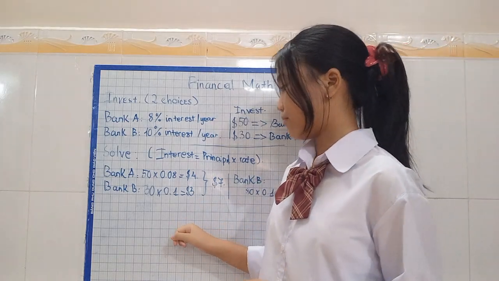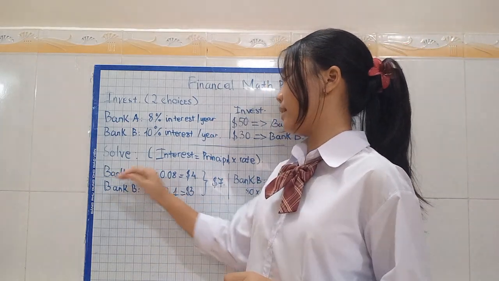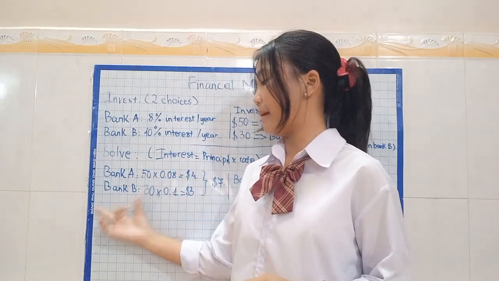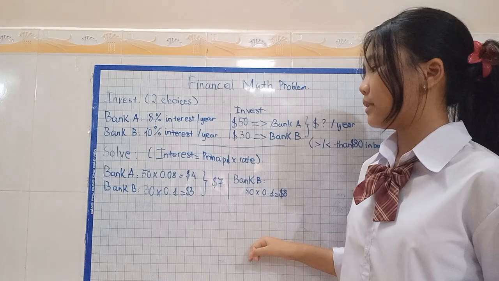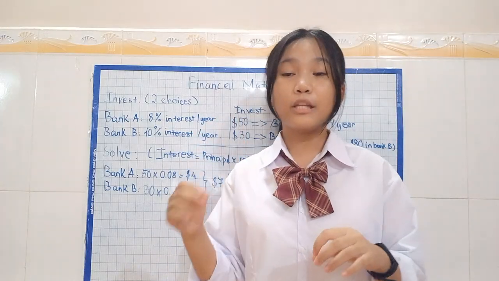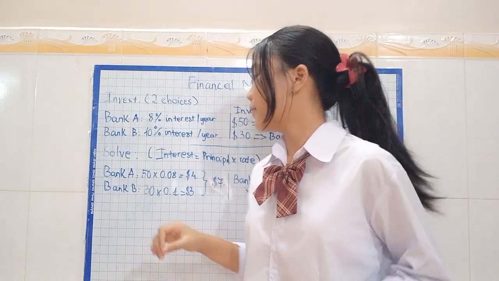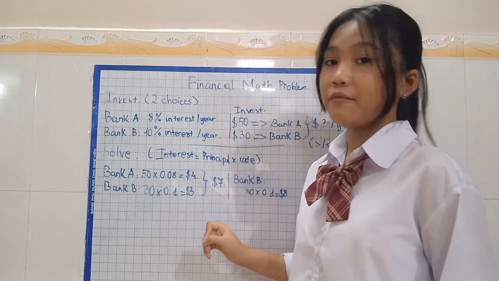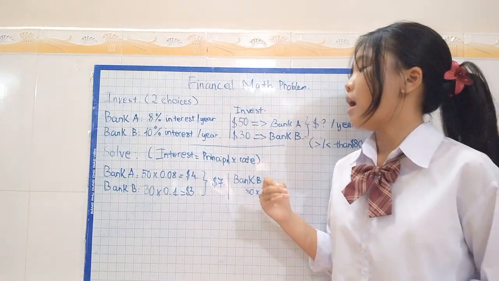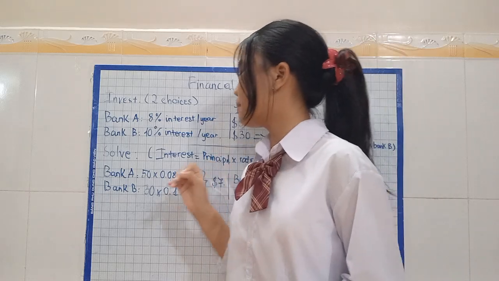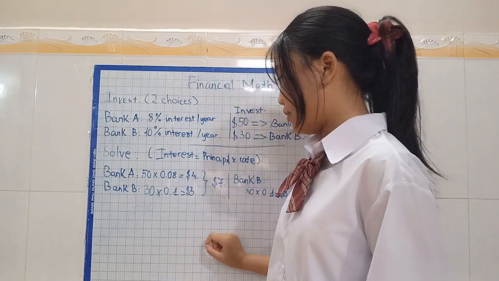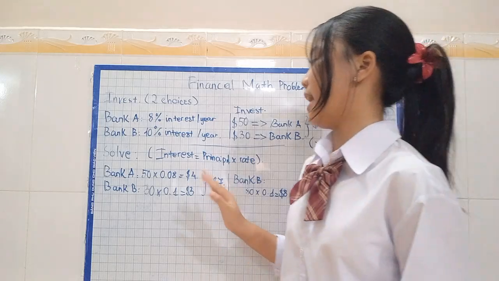First, we need to solve for the amount of money that we get from Bank A and Bank B. We're going to solve the interest of each of them. First, Bank A. As we've known before, we will invest $50 in Bank A, and the interest rate is 8%.